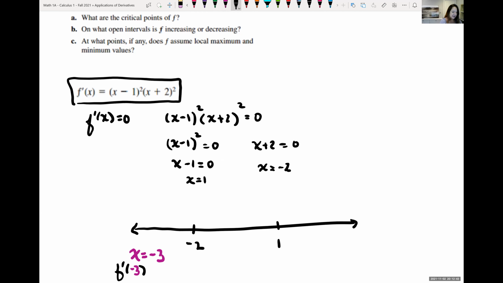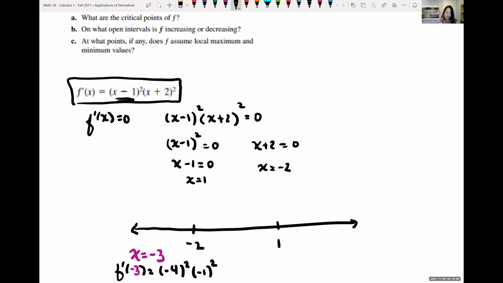If we think about this, plugging -3 into (x minus 1) quantity squared, we would get (-4) squared, all times (-3 plus 2), which is (-1) squared.